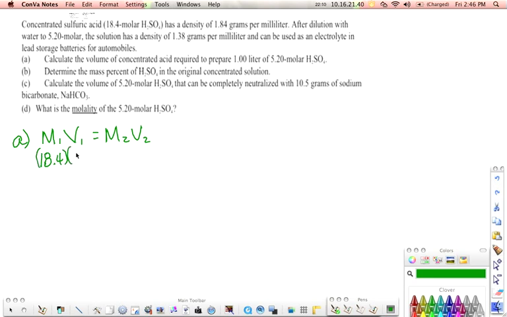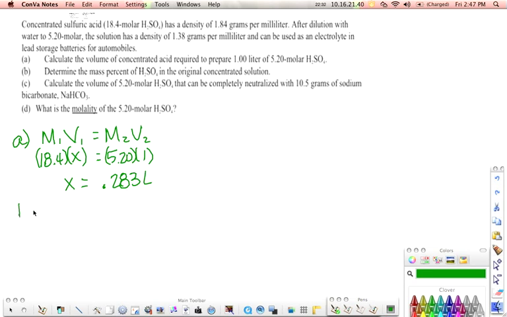The volume of our concentrated stuff is what we don't know. The final molarity is the 5.2, and our final volume that we want is 1 liter. So solve this for X, and the volume that we will need is 0.283 liters, so not very much at all.